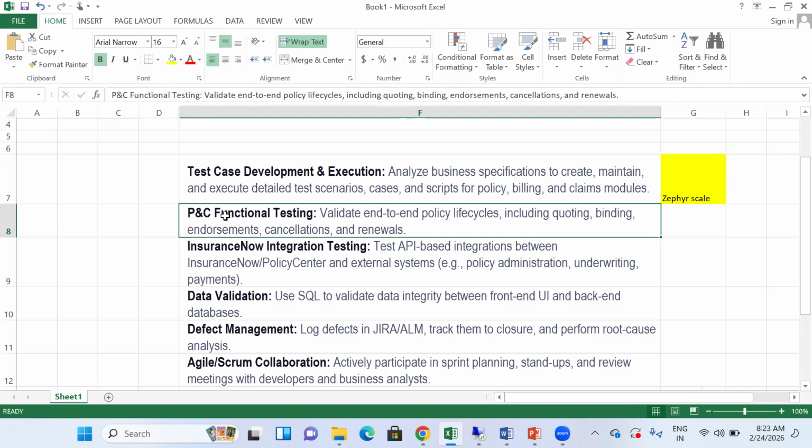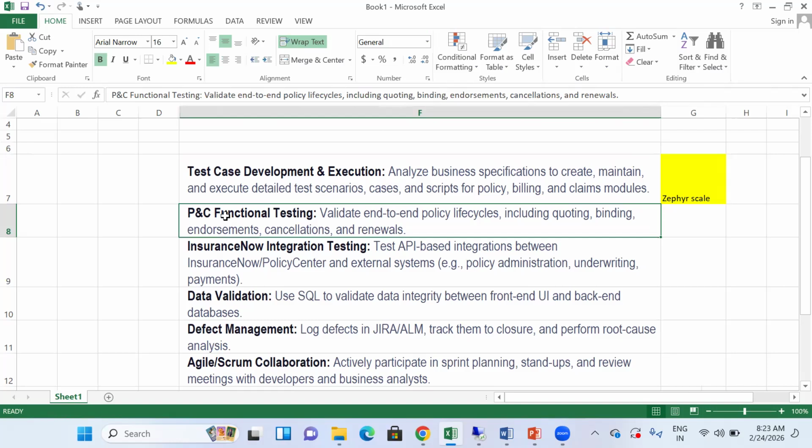In functional testing, covering UI functionalities, we have behavior driven development tools like Cucumber. Those majorly detail the functionality, including quotations or binding, because once the customer quotation has been given and the customer has bound, from there we go to billing. Once billing is completed, the policy document is shared with the customer. So the binding part, at the same time endorsements, any kind of changes, cancellations, renewals, this functional testing we must be good with.